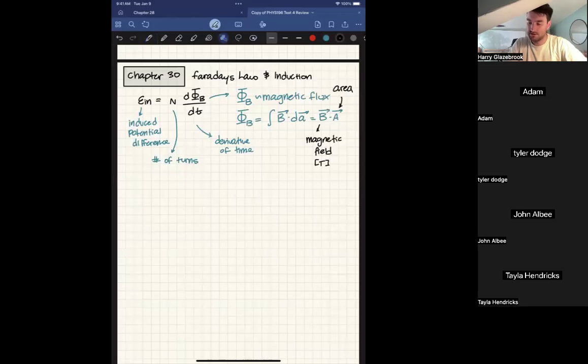So just to draw you an example. Let's say we have a loop here. This loop has some area, let's call it A, and we know that area is just going to be pi r squared. Let's say there's a magnetic field going up through it.